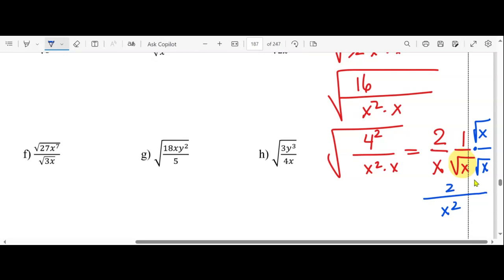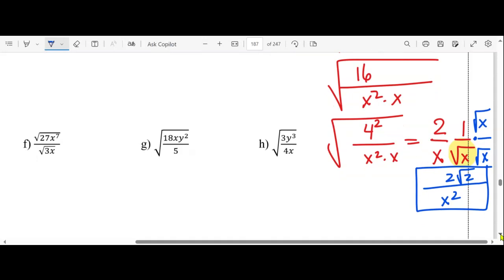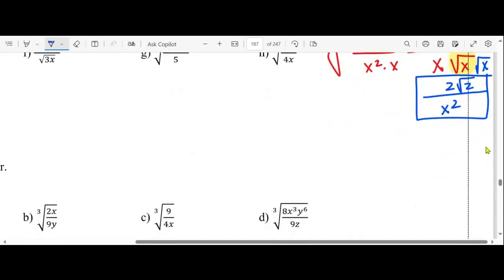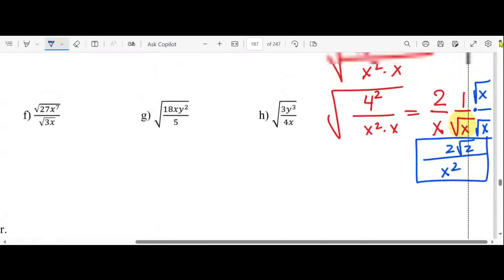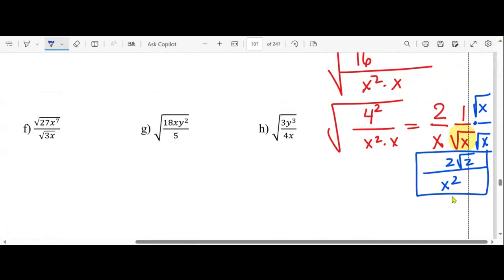And what's in the top? 4 square root of x. Is this clear? If you understand, raise your hand. Okay, let's take another one.